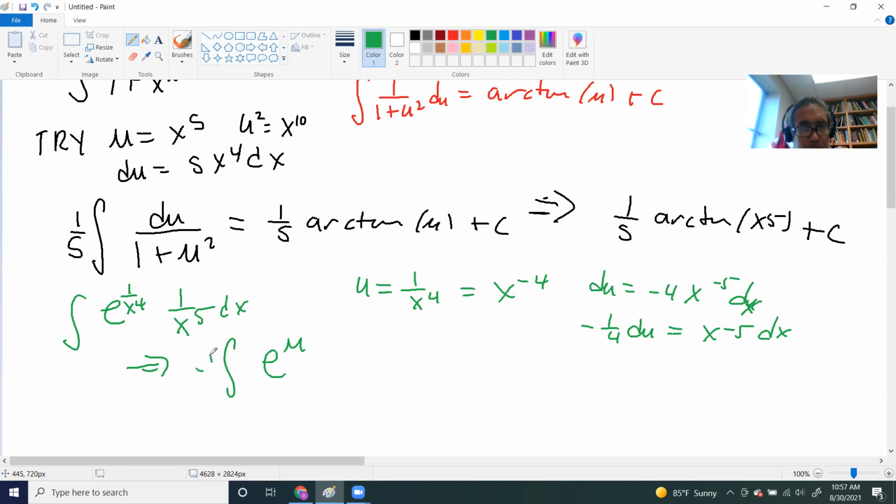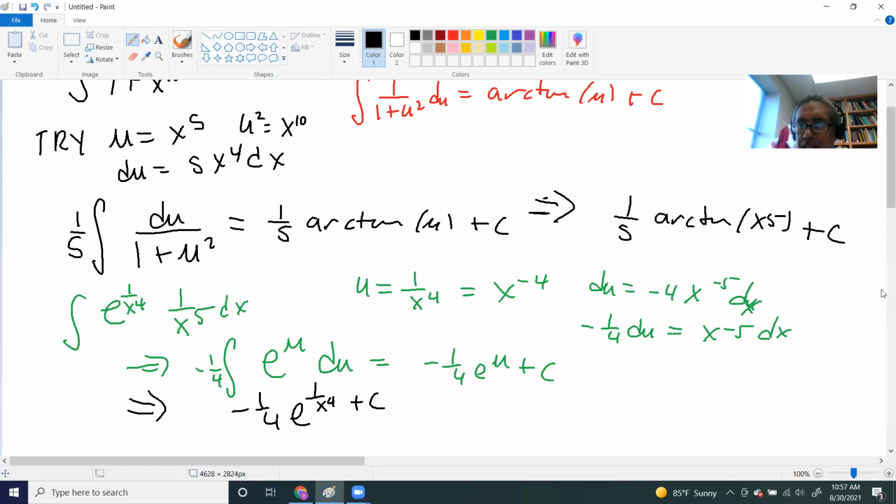So we have a minus 1/4 and we have a du, and that's not a bad problem to do. So the integral is transformed into minus 1/4 e to the x to the minus 4. Okay, we'll get that one.